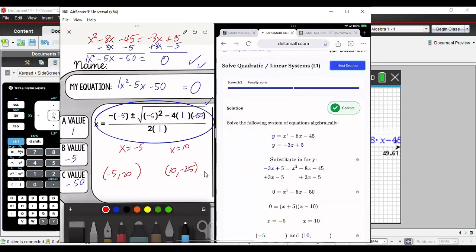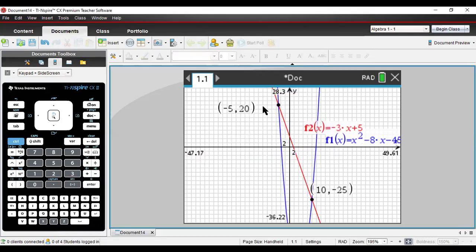So look, I want you guys to understand, if they give us a quadratic linear system and they say solve it algebraically, all we have to do is set these two equations equal to each other, get the equation equal to 0, and then use the quadratic formula. Once we've done this part, we don't have to do any more algebra. We can go back to just graphing like we normally would and find the intersection.